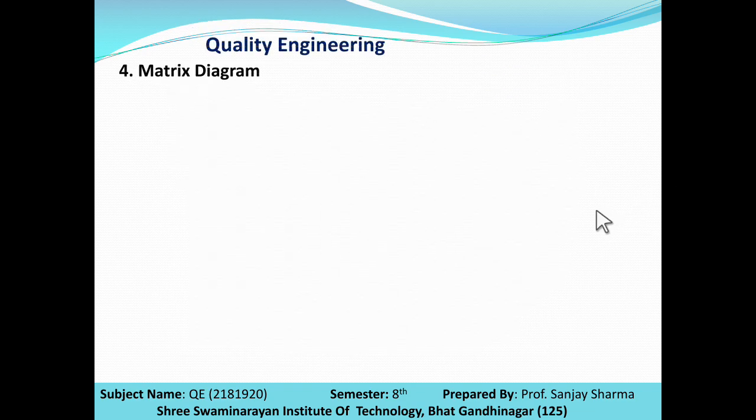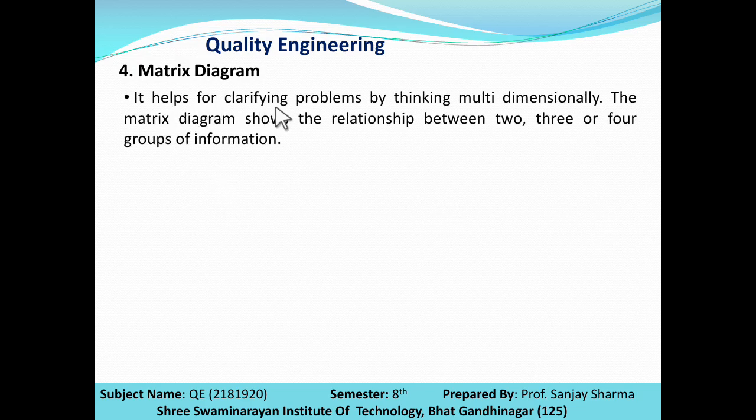The fourth is the matrix diagram. It helps for clarifying problems by thinking multidimensionally. The matrix diagram shows the relationship between two, three, or four groups of information.